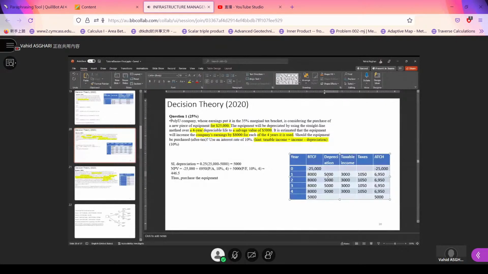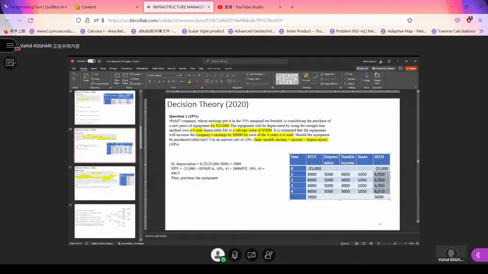So I need to be taxed lower. The 35% will be applied to the taxable income, and the taxes will be $1,050.